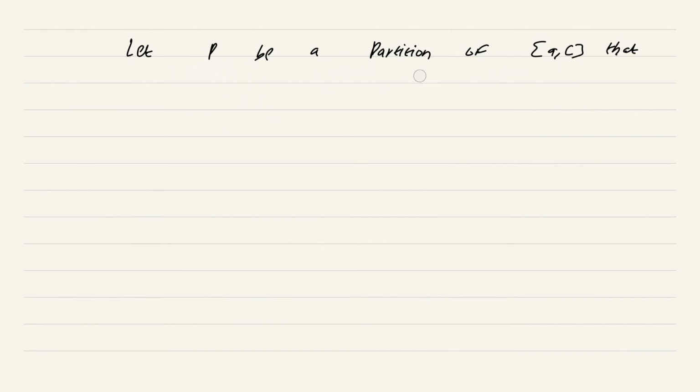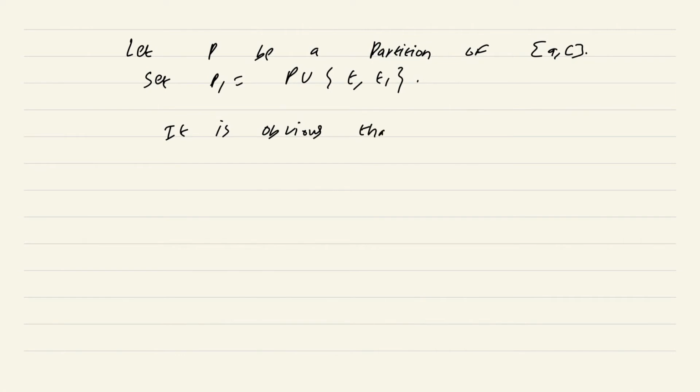I want to show that s of t is greater than s of c. So let P be a partition of [a, c]. Set P1 to be P union {t, t1}. Then it is obvious that P1 is a partition of [a, t].